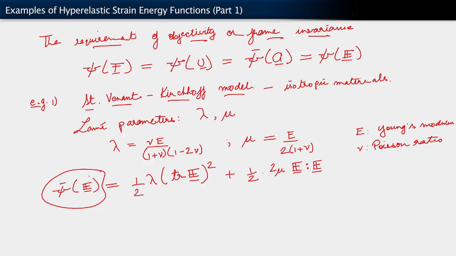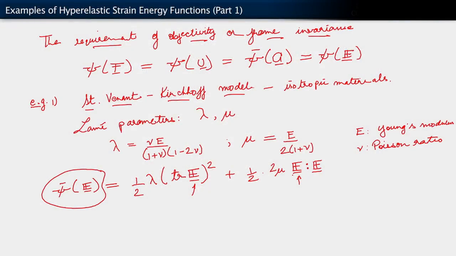It's pretty much the same form for isotropic materials, except that instead of the small strain tensor, we have the nonlinear strain E. It is in this sense that the Saint Venant-Kirchhoff model is the simplest of the nonlinear elasticity functions. Also for that reason, it's the poorest model of nonlinear elasticity we have, which satisfies all the requirements, but still is not a very good representation of all the nonlinearity that actually exists in materials.